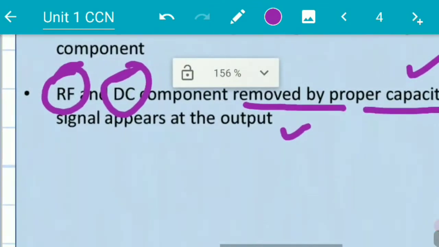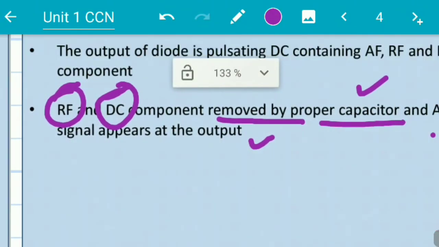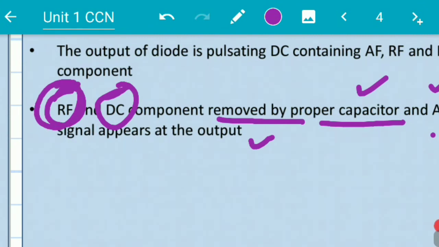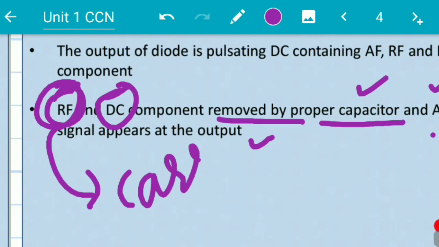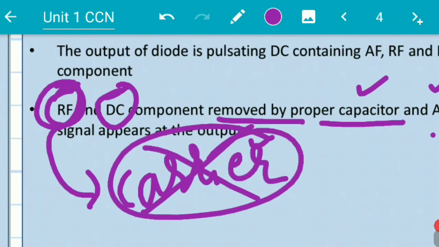What do you mean by the audio frequency signal appears at the output? The AF signal is the modulating signal recovered from the modulated signal, discarding the RF. What do you mean by RF? Radio frequency signal, which is used as the carrier signal. By discarding the carrier we recover the modulating signal.